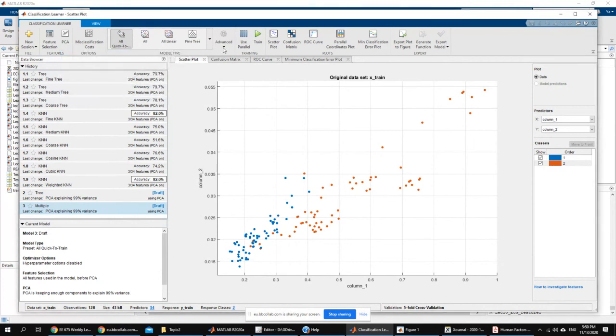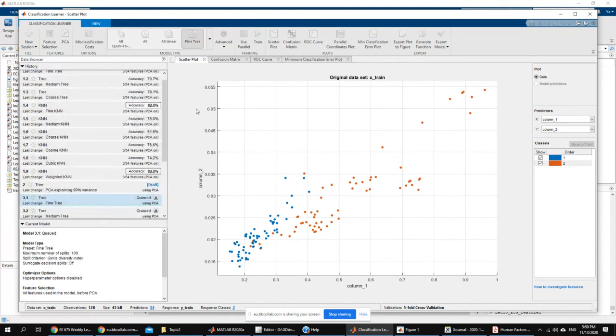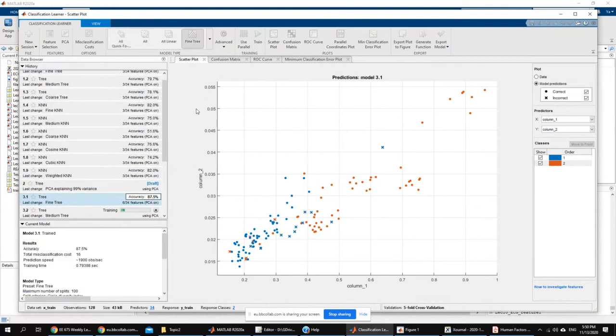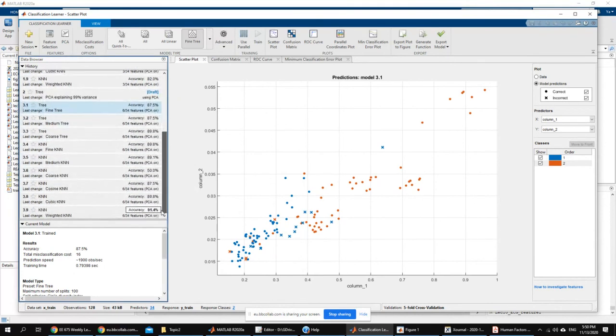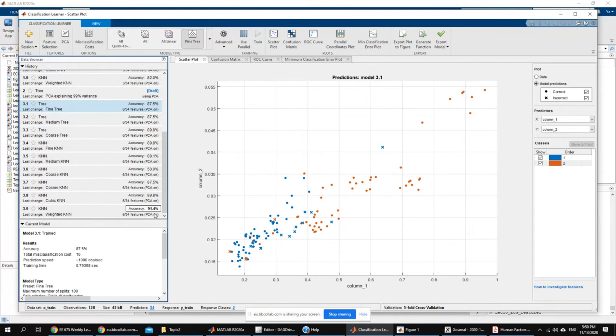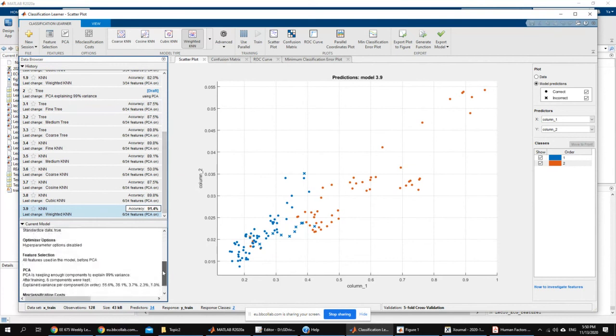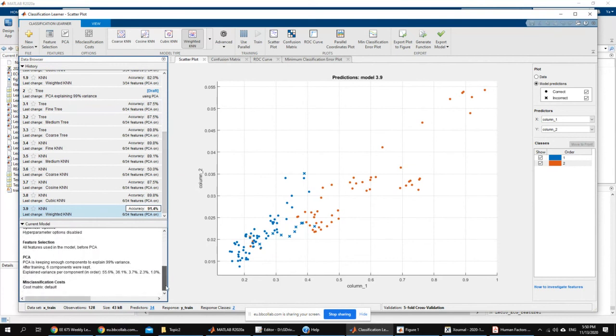Yes, and I'm going to start the train. Now it's giving us a little bit better results. For the 91.4%, now we're using 6 components, so the dimensions are 6.